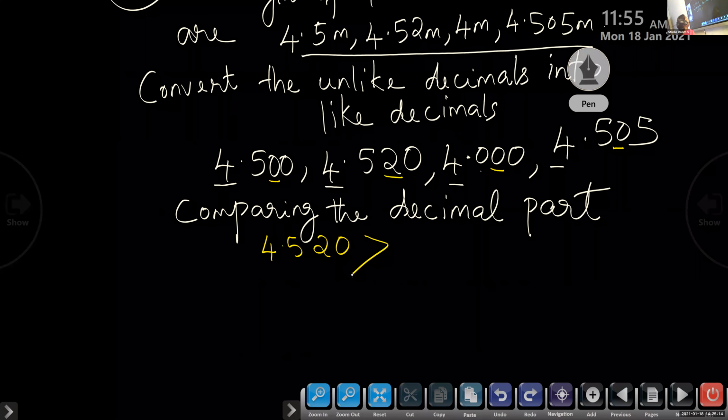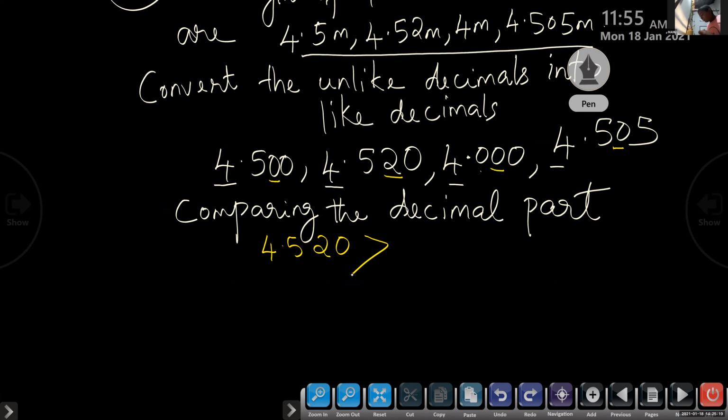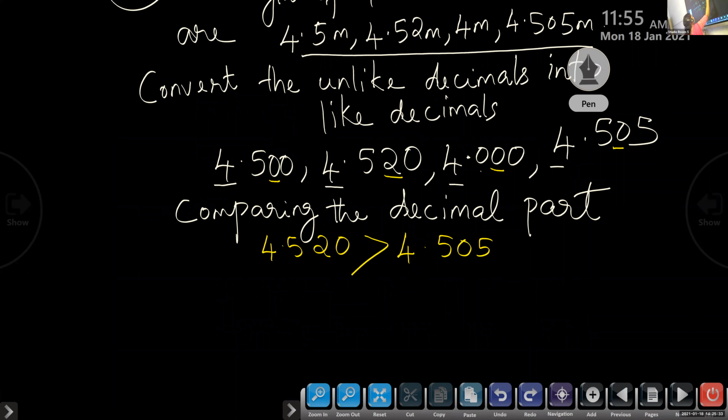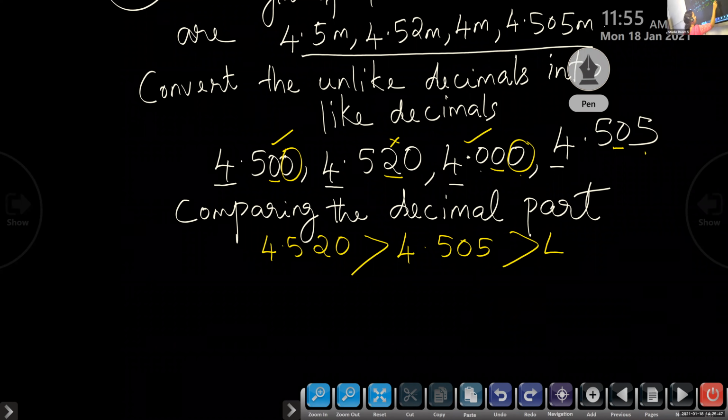Then 4.505, because in the 1000th place we have 5. Here it is 0. Here also 0. This we have already finished. Then we have here 505. Okay, then look at here now these two numbers. 4.500.